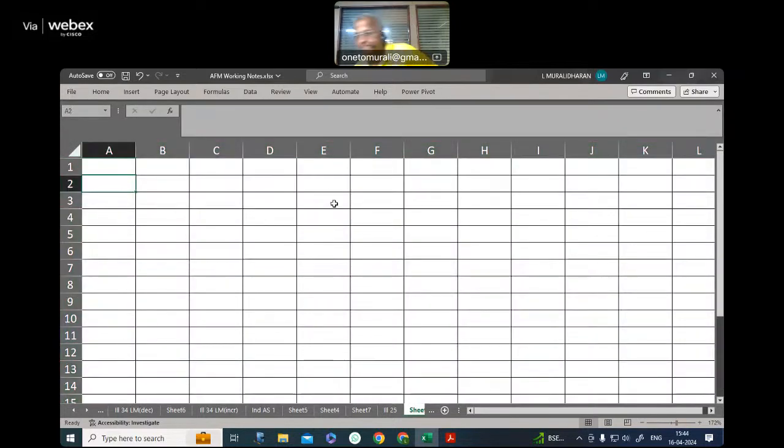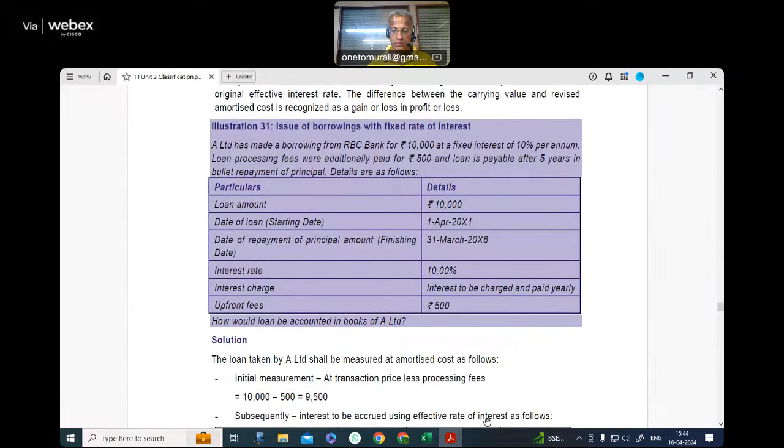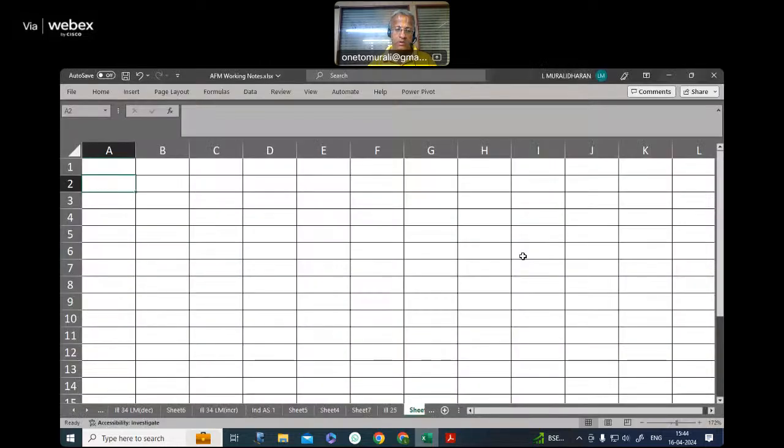Now, let us just try. A Limited is a borrower, and in the books of the borrower, the loan is expected to be recorded.